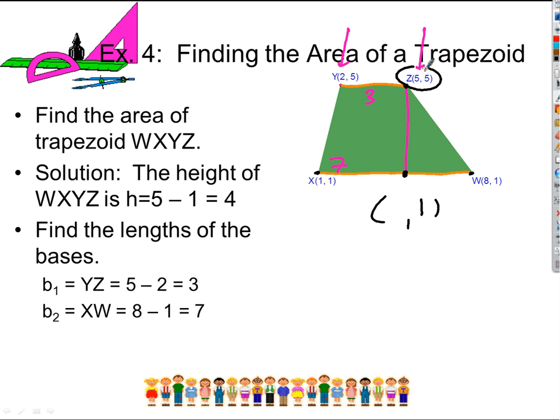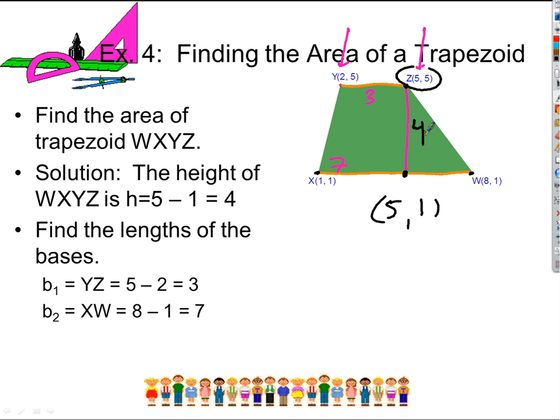Agreed? Okay, so this is 5. So now that we know the coordinates, what's the height of this thing? 4, because I'm going from y equals 1 to y equals 5, so the height must be 4, right? Everybody see that? Did I need the distance formula? No, I didn't, because I was only measuring horizontal and vertical distances.